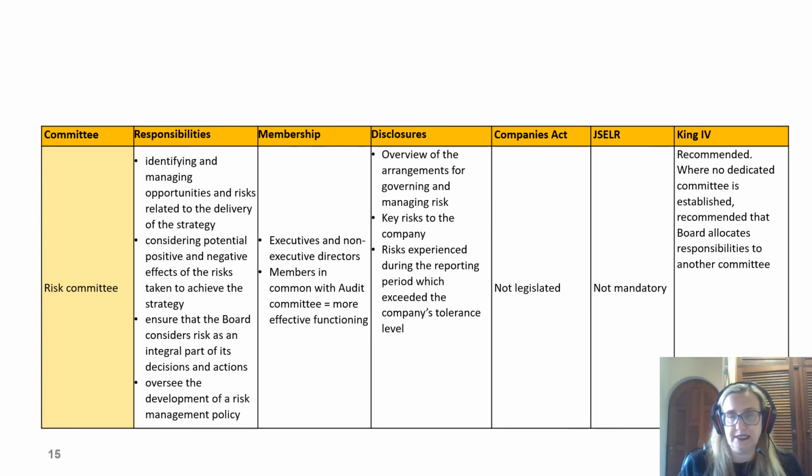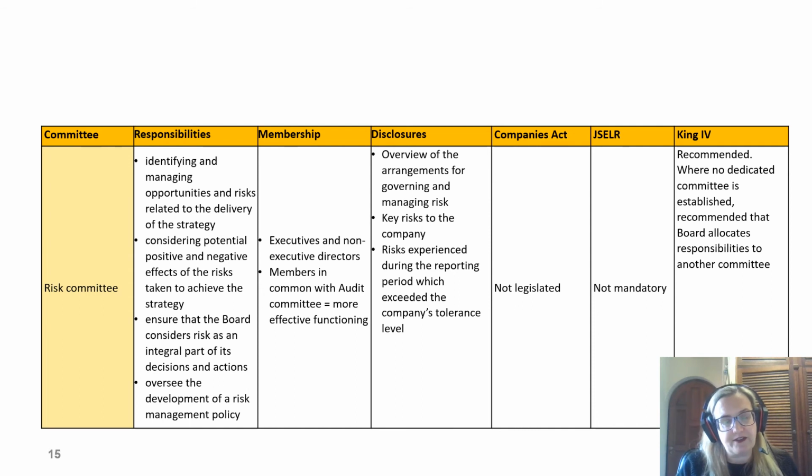The Risk Committee is not required by the Companies Act and not required by the listings requirements, but King does recommend that somebody is looking after risk. If you consider that risk is the enemy of strategy, then it's a very important component of ensuring that your strategy actually works.